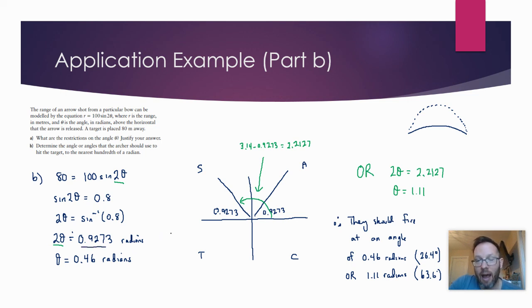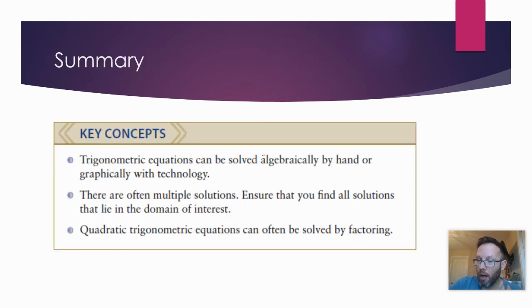We had to use the cast rule to know that there's a second value that gives a positive sine, by subtracting that angle from pi, from 3.14. So all of our solutions relied on the unit circle and the cast rule.